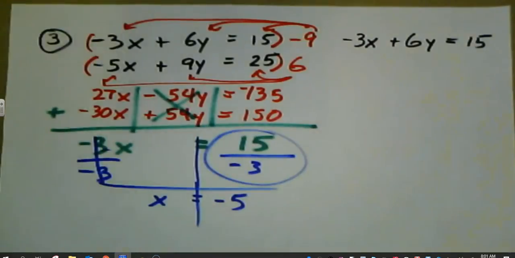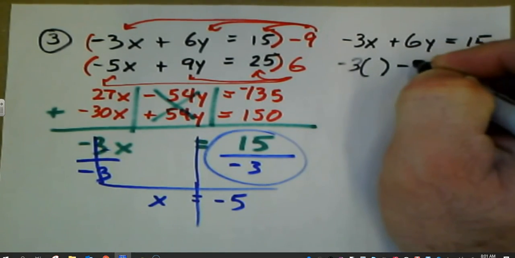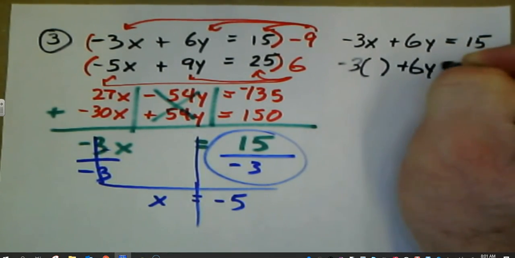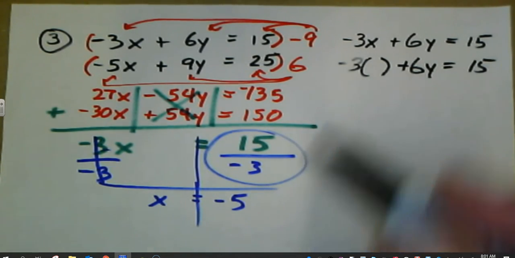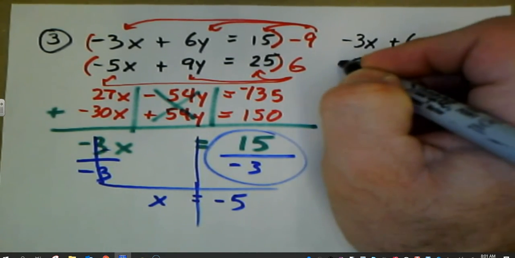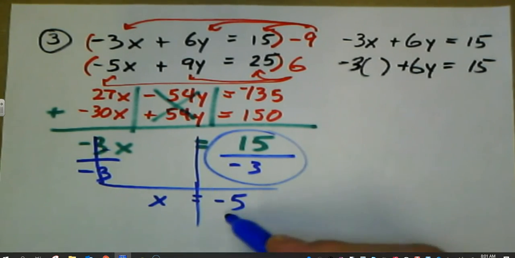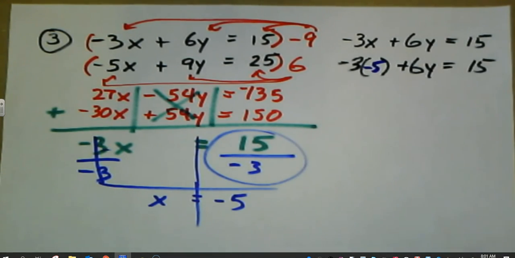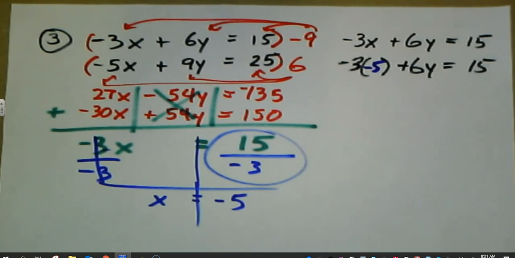I substituted it. I took the x and I substituted the x because I found what x is. I need to find what y is. So I take that number that x is and I put it in right here for the x. Because x is negative 5, therefore you can replace the two.